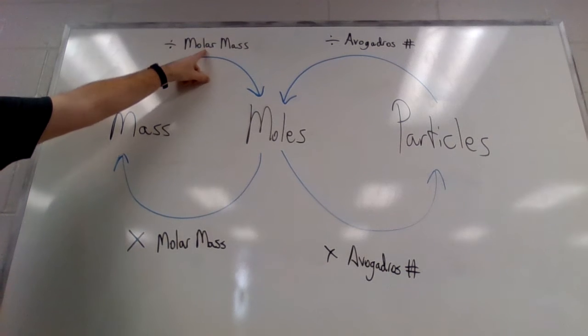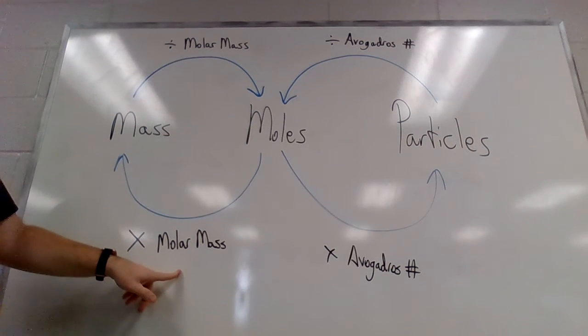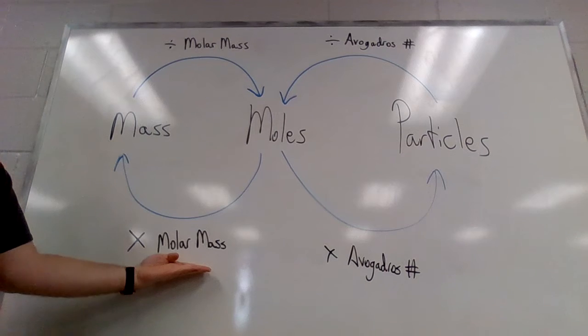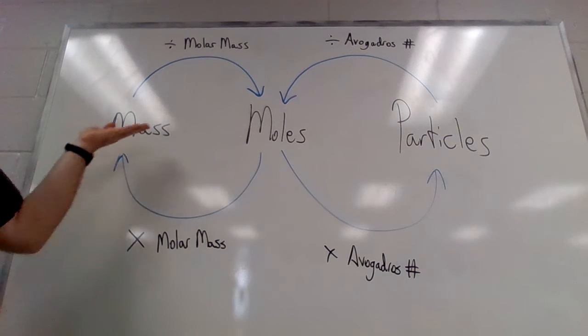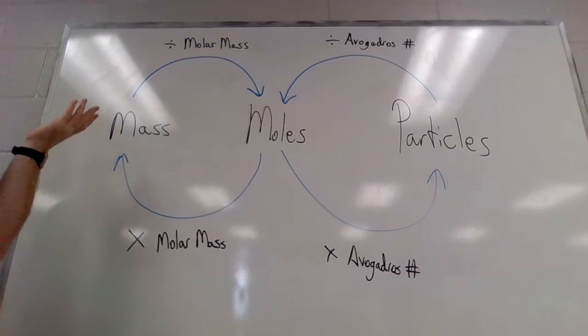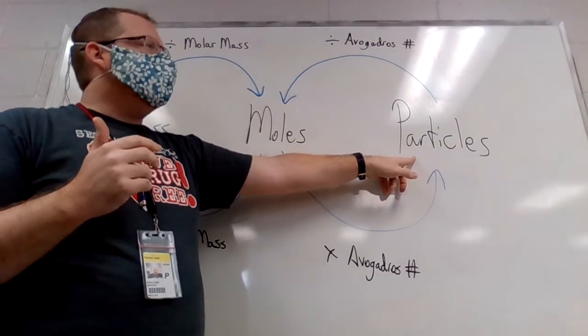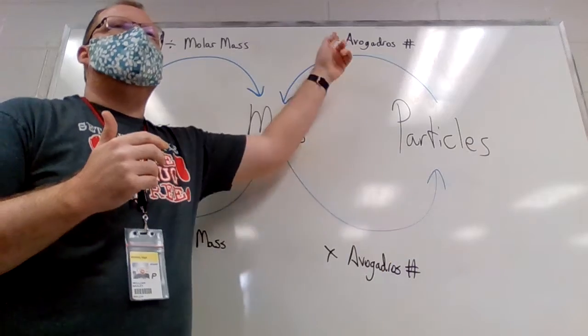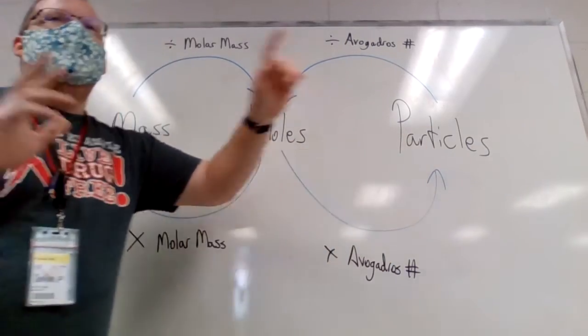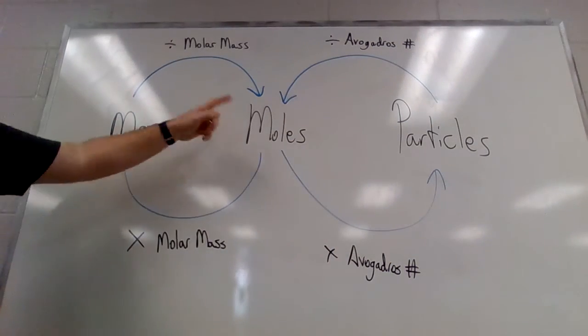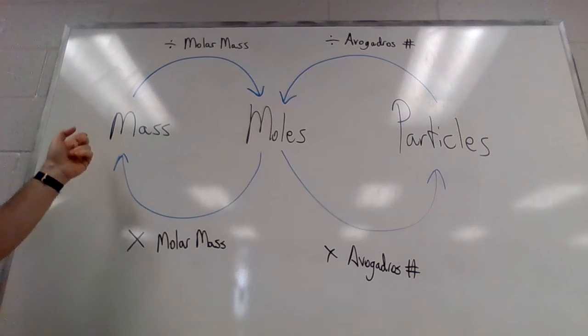The first one is the molar mass, which, right in the name, tells you that it converts in between what 2 things? Moles and mass, yeah. So if they're asking about particles and you need to get to particles, you're not going to use the molar mass to get over to particles. Molar mass is only going to get you from the mass to the moles or the moles to the mass.